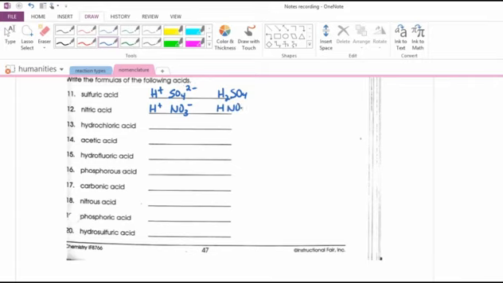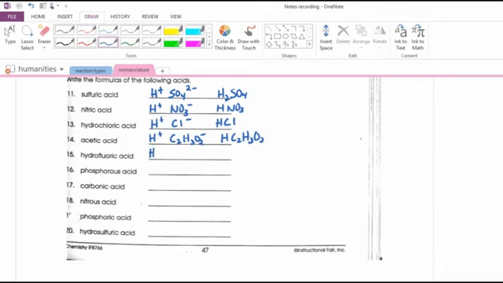Crisscross those charges. Hydrochloric acid starts with H. We just have chloride, so HCl. Acetic acid. H+ is our positive ion. Acetate is our negative ion. Left off an important subscript there.